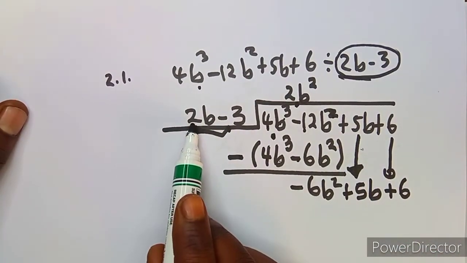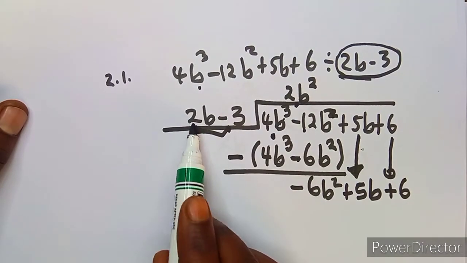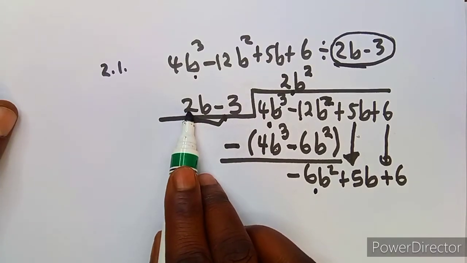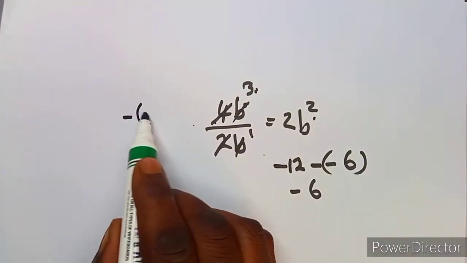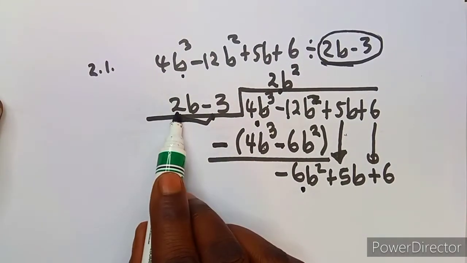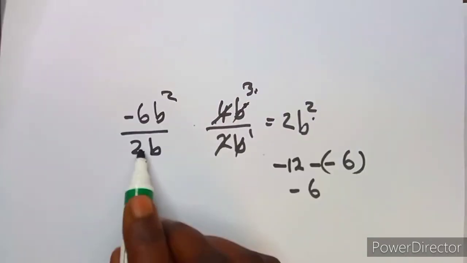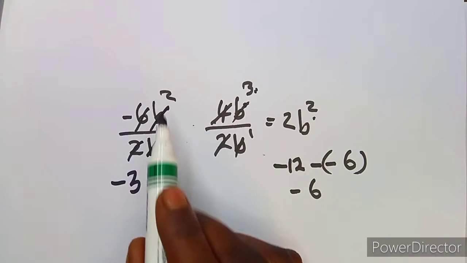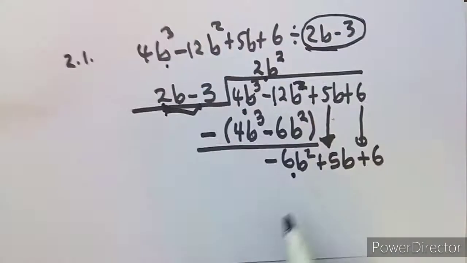I'm dividing again. Minus 6b squared divided by 2b. Always you divide by that first term. Okay, so 2 into minus 6 is minus 3, b into b squared is b, so it's going to be minus 3b.